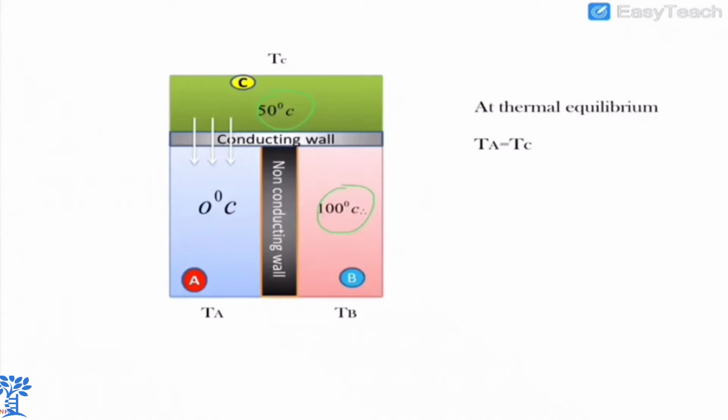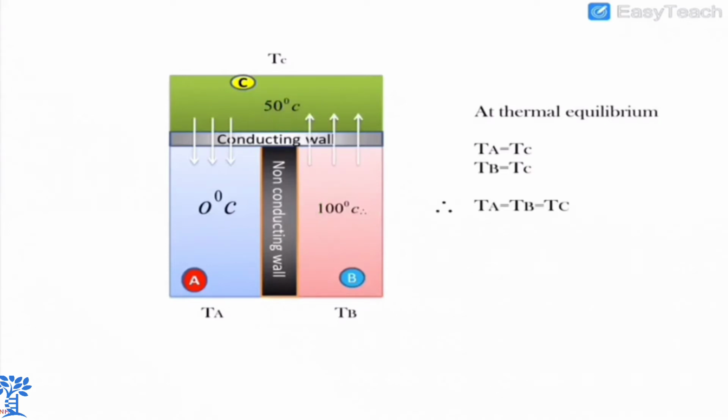Here heat flow takes place from B to C. That is, the temperature of B is higher than that of C. Therefore, heat flows from B to C. After some time, the temperature of B and C become equal, that is, it reaches a state of thermal equilibrium. That is, at equilibrium, TB is equal to TC.